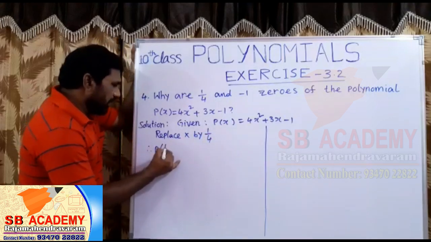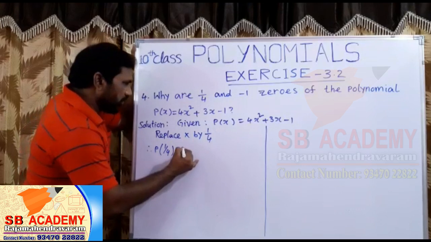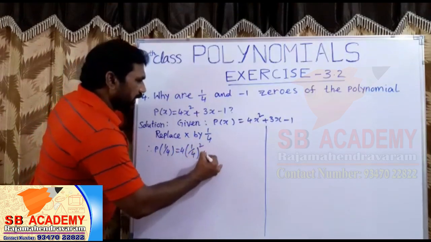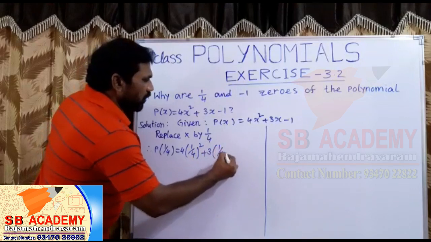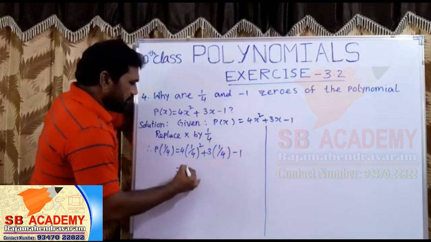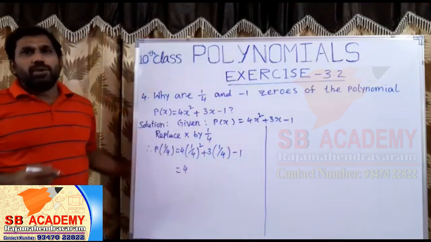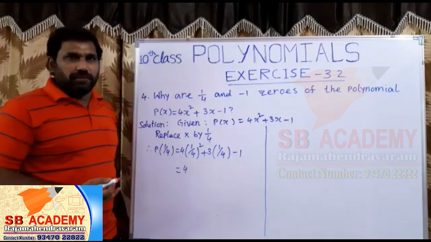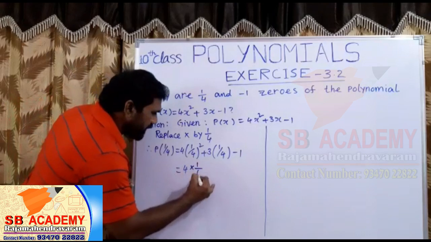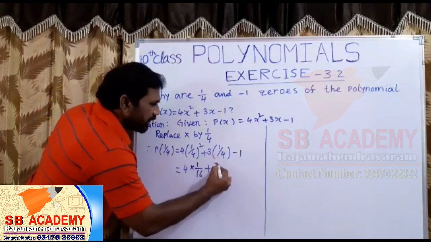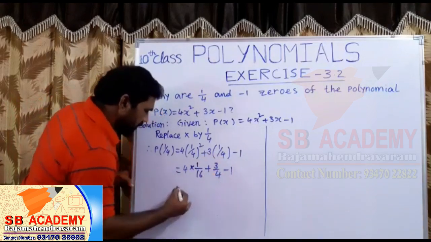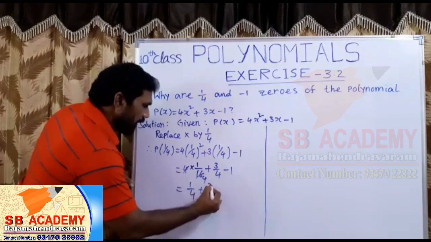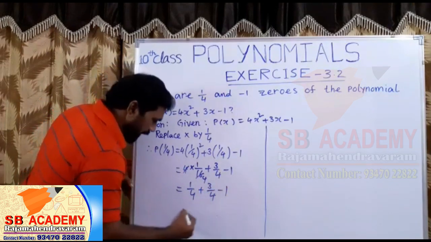Therefore, p of 1 by 4 equal to 4 into (1 by 4) whole square plus 3 into 1 by 4 minus 1. 4 into (1 by 4) whole square means 1 by 4 into 1 by 4. That is 1 by 16 plus 3 by 4 minus 1. 4 times here. So 1 by 4 plus 3 by 4 minus 1.